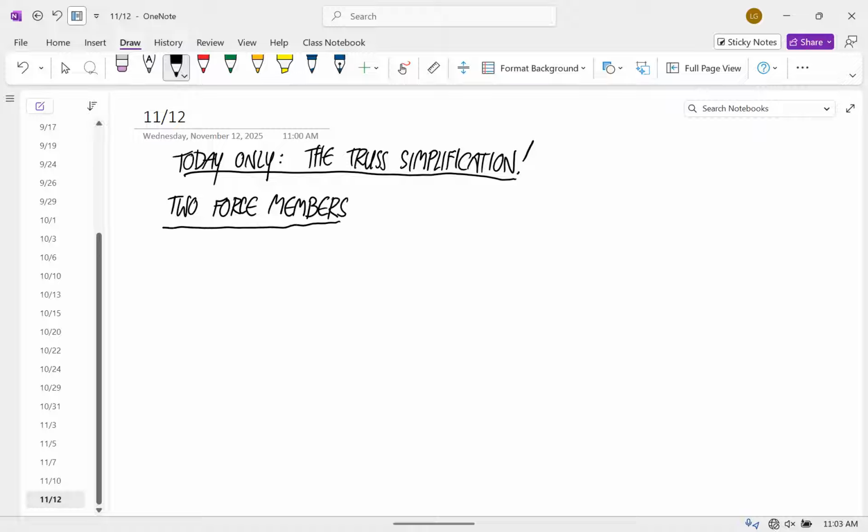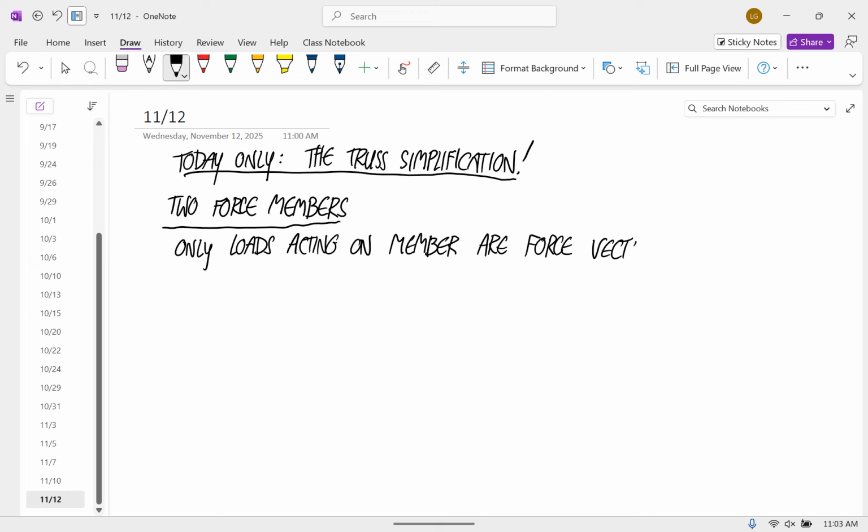A two-force member is one where the only loads acting on a body, on the member, are force vectors at two different locations.